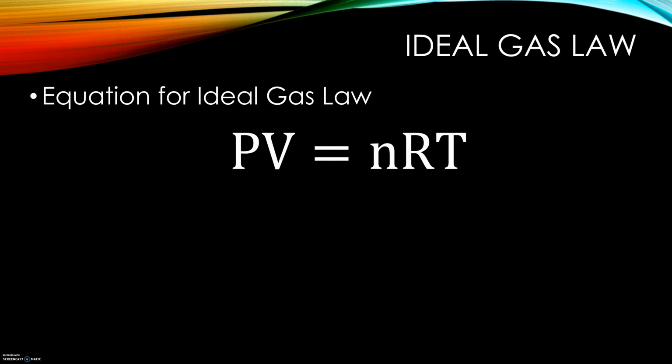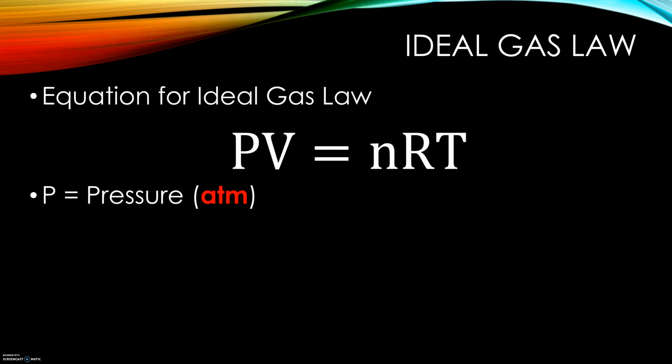Now this equation is actually unit specific, which means you must use the exact unit in order for this to work. So the pressure will always be in atmospheres. There are certain equations that you will see that require you to use torr or kilopascals or other values, and in that case our R value actually ends up changing.